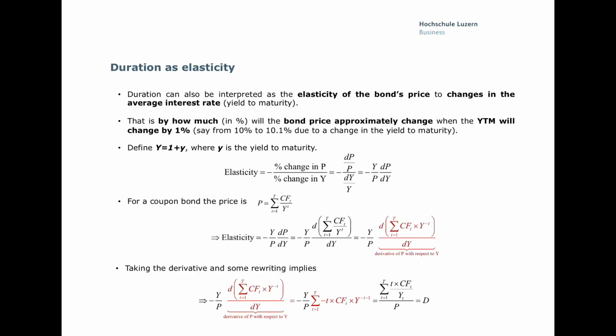For a coupon bond, the price is obtained by the by now well-known present value formula. In order to compute the elasticity, the bond price is substituted into the elasticity formula above. Taking the derivative of P with respect to Y and some rewriting implies the duration formula we are already familiar with.